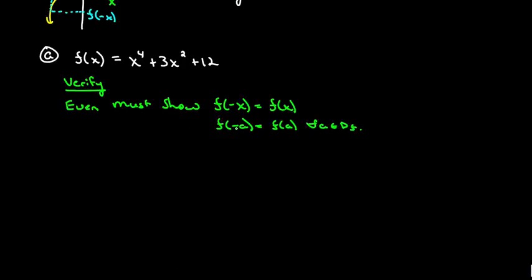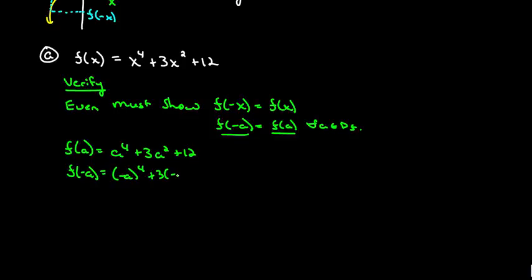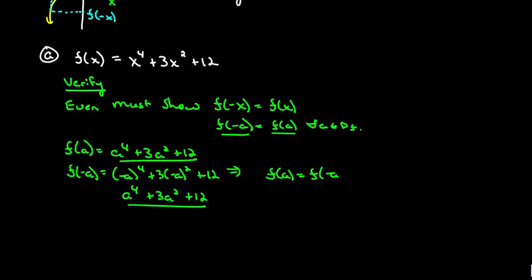Let's check this out. f at a is equal to a to the fourth plus 3a squared plus 12. f at negative a is equal to negative a to the fourth plus 3 times negative a squared plus 12. This reduces to a to the fourth plus 3a squared plus 12. This is equal to this, which implies that f of a is equal to f at negative a. And so now we've shown that this function is even.